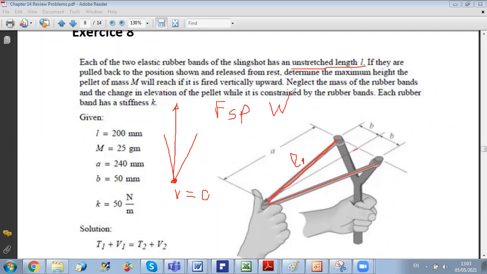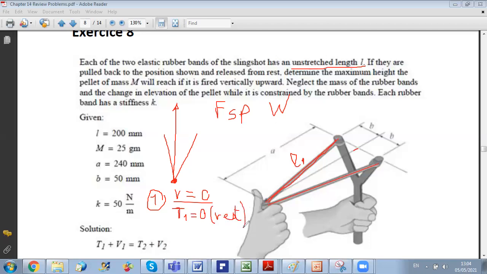Now, we should define two states. The initial state, state 1, is characterized by a velocity of 0 because it is fired from a velocity of 0. So T1 is just equal to 0, because it's starting from rest.